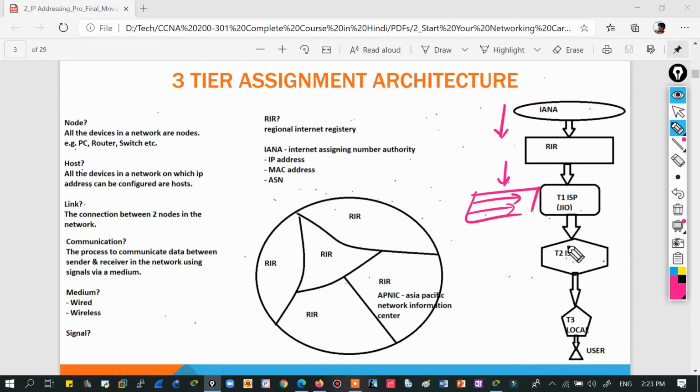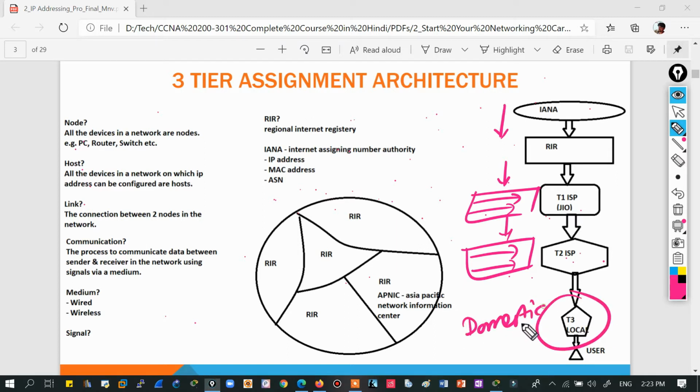After that, they distribute IP to customers like Airtel, the tier 2 ISPs, which don't have their own infrastructure for the internet and rely on these tier 1 ISPs. And now come the domestic, local service providers, from where we connect our routers in our streets and homes.